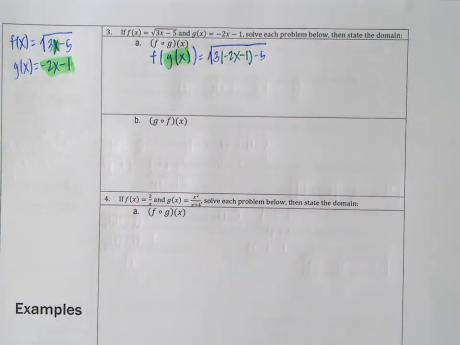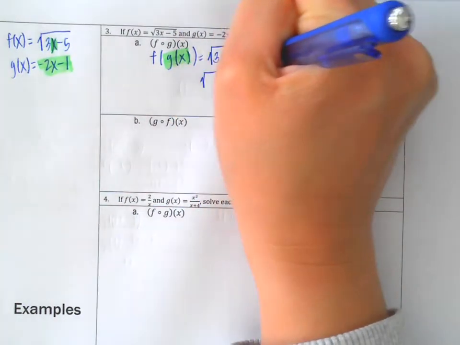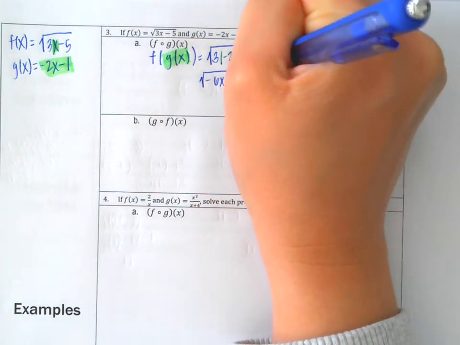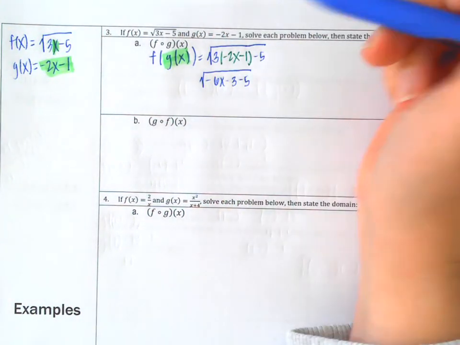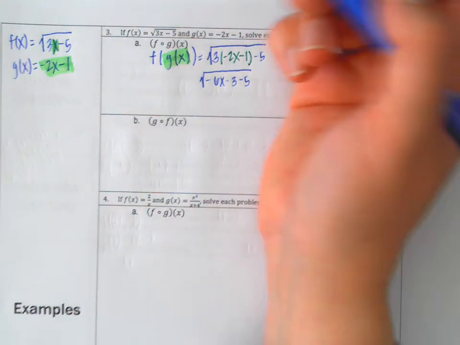Then I would just simplify. I distribute the 3. The square root doesn't really change, and I have negative 6x minus 3 minus 5. Then I can combine like terms: negative 3 and negative 5 becomes negative 8.